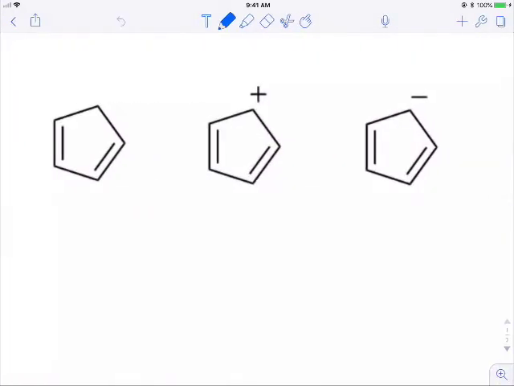Here are 3 cyclopentadienes. Again, don't worry about the names for now, but let's think about the arrangement of the atoms and electrons in all 3 of these. In the first structure, there are 2 hydrogens.